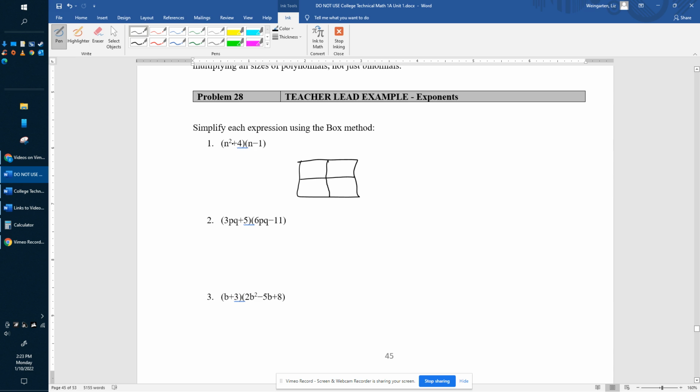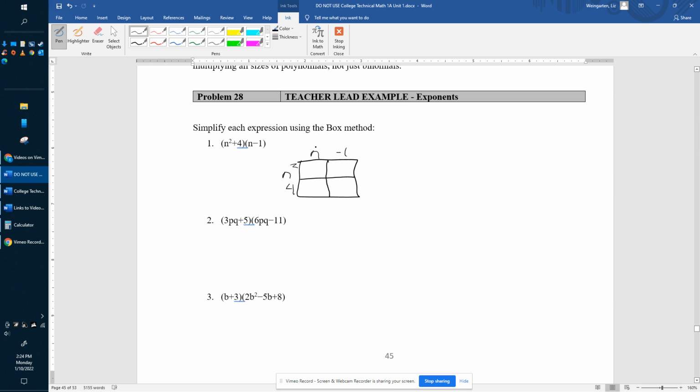On the side, I'm going to have n squared and 4. On the top, I'm going to have what we are multiplying n squared plus 4 by, so I'm going to have n and a negative 1. It's a negative 1 because this is subtraction. So when you have subtraction, you have to make sure that number is negative.